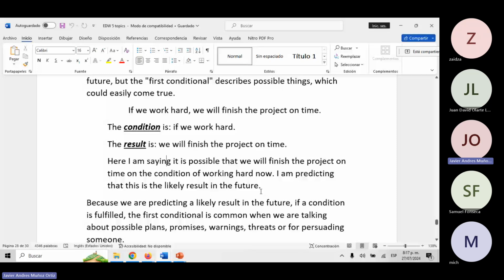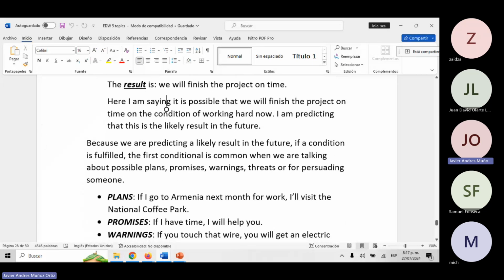This is why we are saying that we are going to be punctual in these activities. So because of this, we use first conditional when we talk about plans, possible plans, promises, warnings, threats, or when we want to persuade someone to do something.